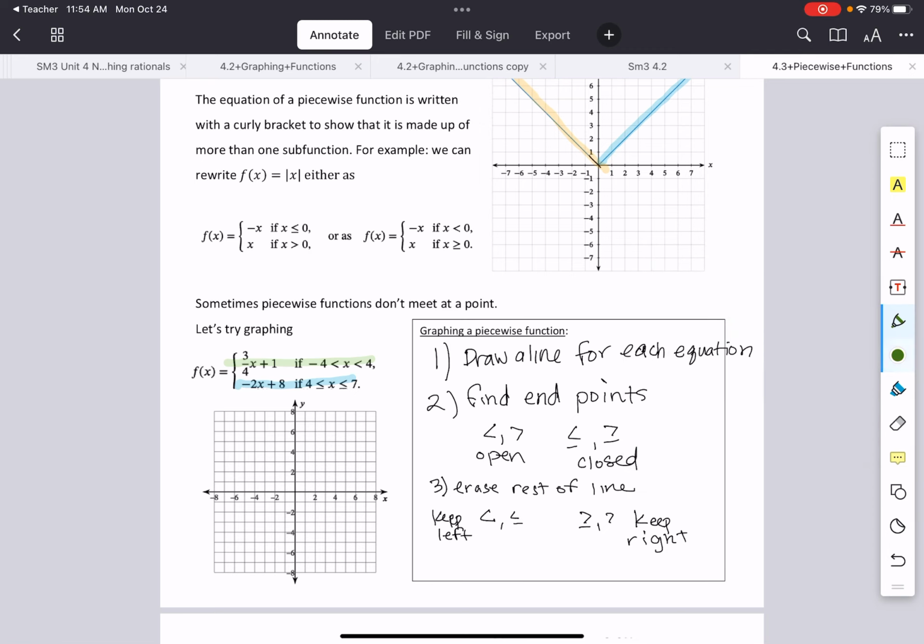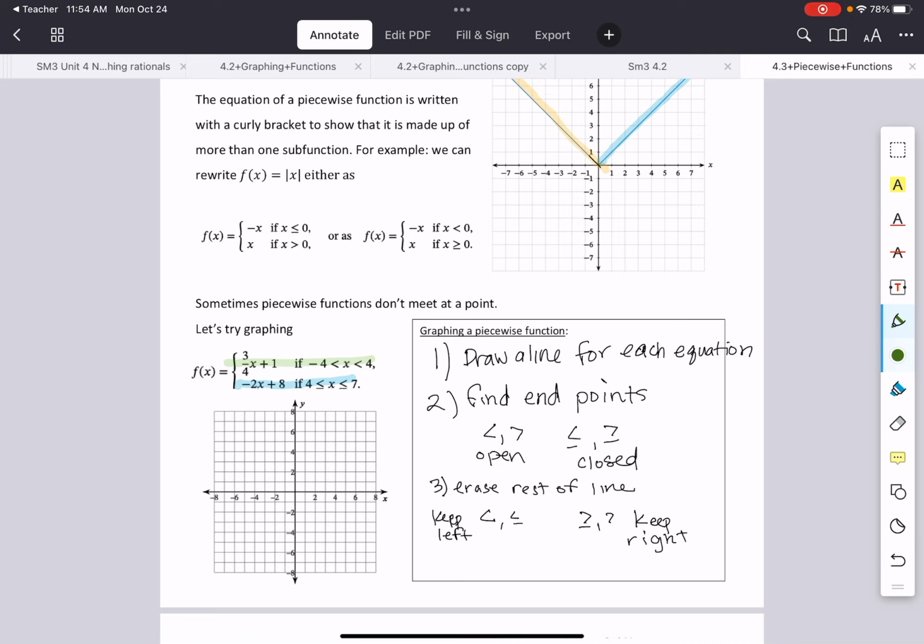So when we graph 3/4 x plus 1, what type of equation is that? Yes, slope-intercept. Good catch. The slope-intercept form, like we learned last time, tells us where our intercept is and what our slope is.